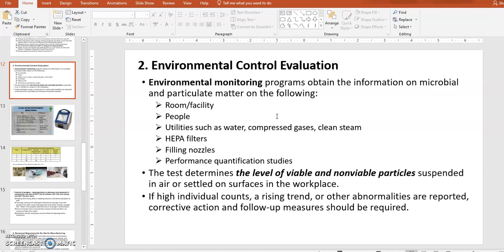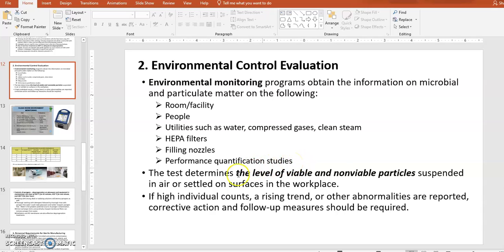It's a program that obtains information on microbial and particulate matter on the following: room, facility, people, utilities like water, compressed gas, and clean steam, HEPA filters, filling nodules, and then performance quantification studies and all those things.